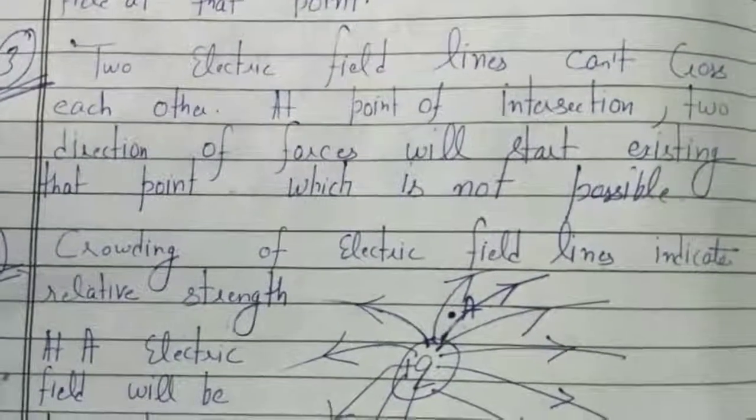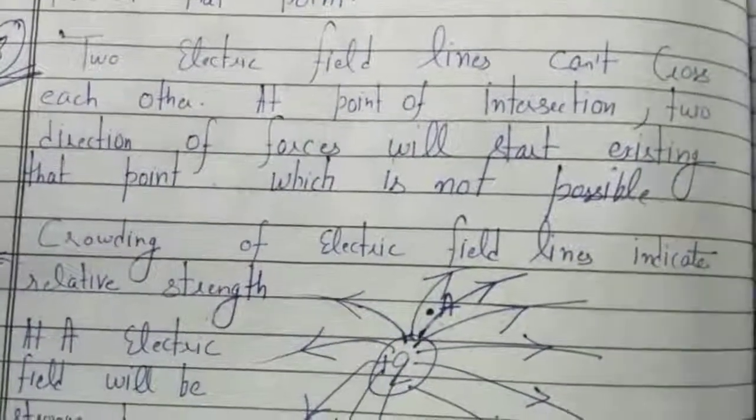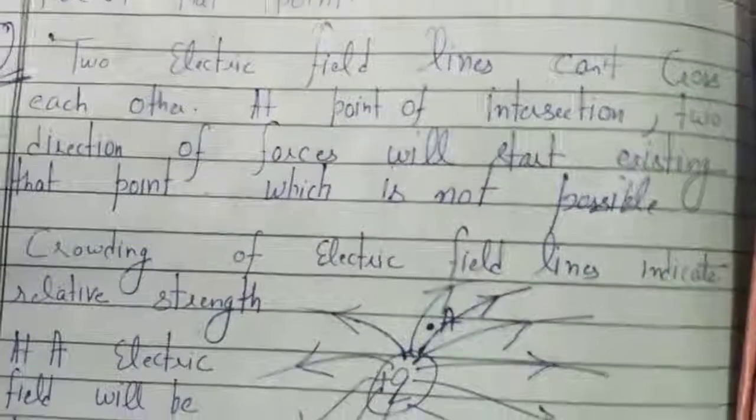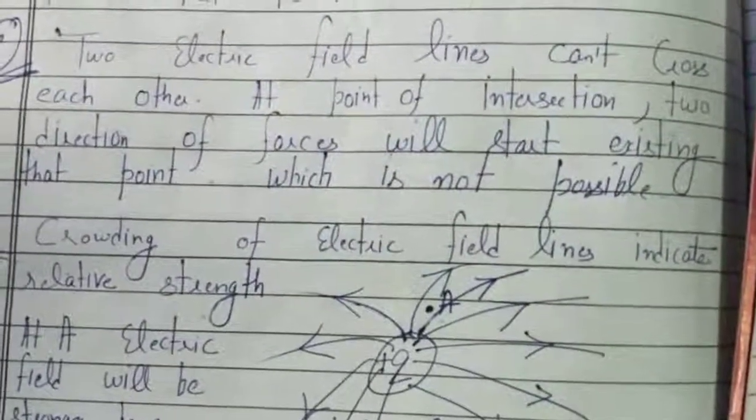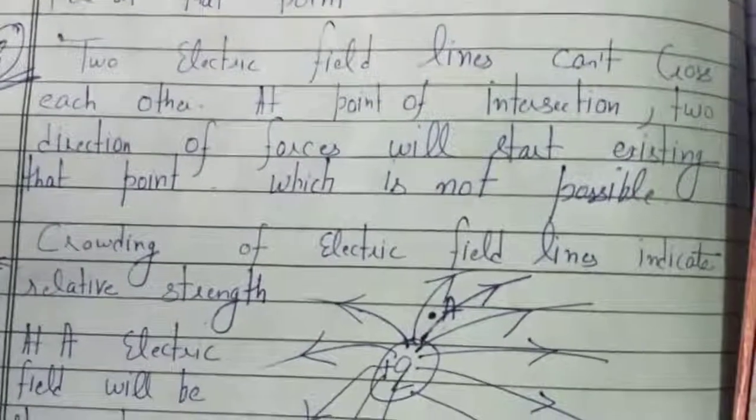Two electric field lines can't cross each other, because if they cross each other, at the intersection point, at a single point, two directions of the electric field will be there, which is not possible.